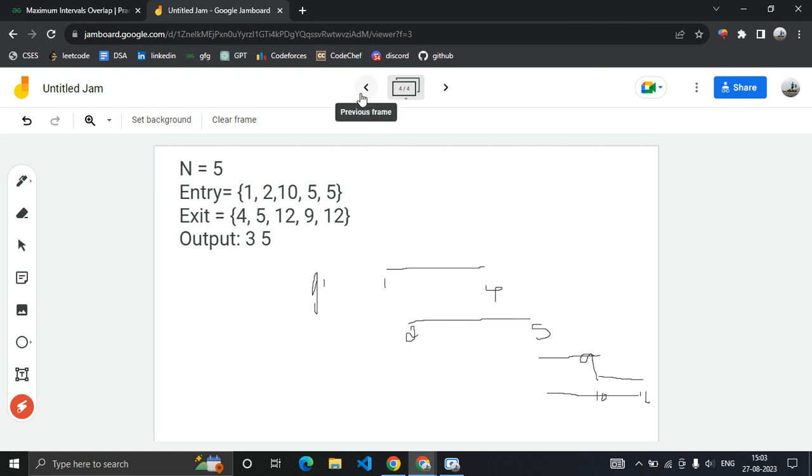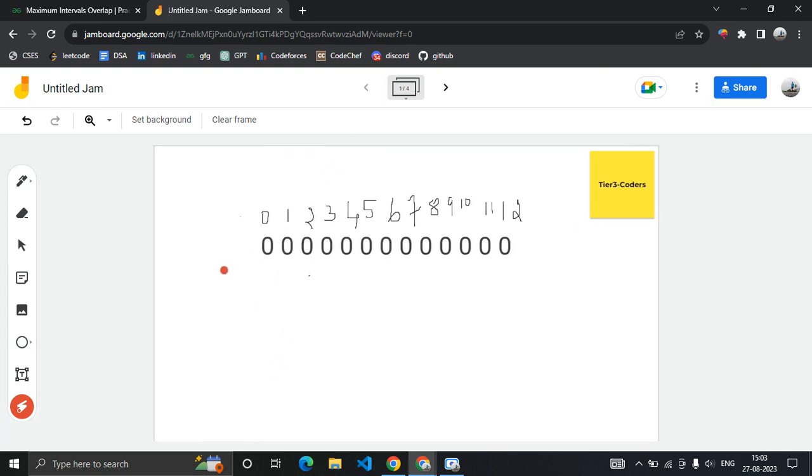Now coming to the optimal approach. For example, they have given 1, 2, 4, 5 like this. My approach would be to take the minimum of all the entry times, that is 1, and the maximum of all the exit times, that is 12.